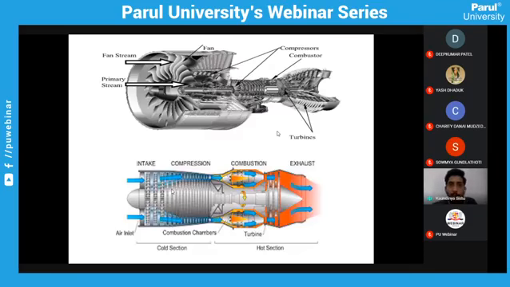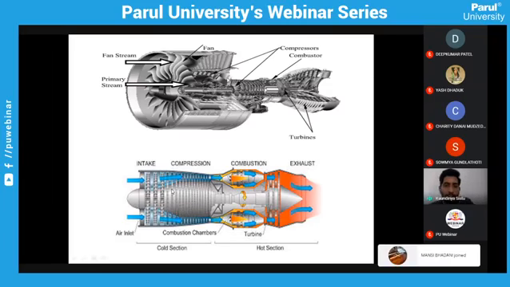So for example, if you insert a fan at the initial part here, as you can see with the mouse on the screen, and close it with a curvature around it, like closing of a cowl, it becomes a turbofan engine.